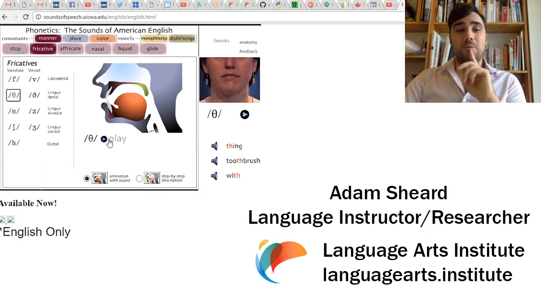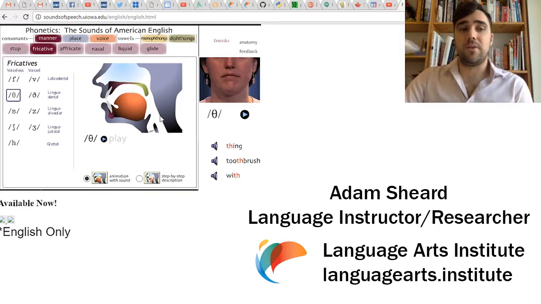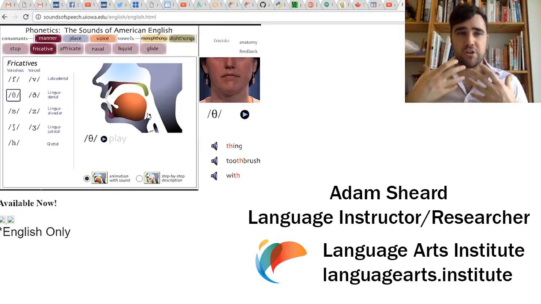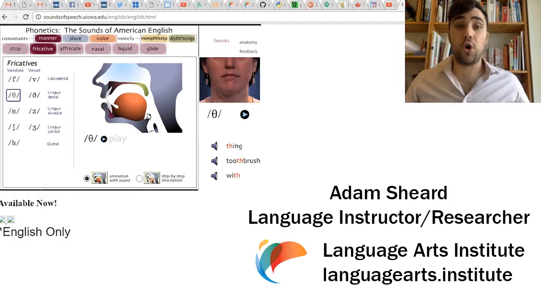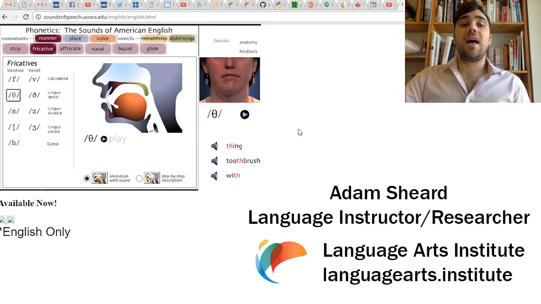Our tongue is going right behind our front teeth. So, for example, when we do this one, I want you to imagine that you're really holding back some pressure in your mouth, right? Because if you release this, it comes out, right? So imagine you're going to build up a little bit of pressure. So repeat after me. And again, one more time.